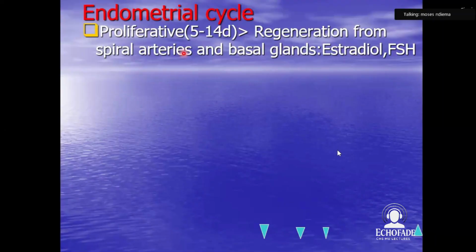Regeneration of the spiral arteries from the vessels at the basal part, stratum basale, and also regeneration of the endometrial glands from the remnants of the endometrial glands at the basal part. This is under the influence of estradiol and follicle-stimulating hormone. So proliferative stage is a follicular stage.